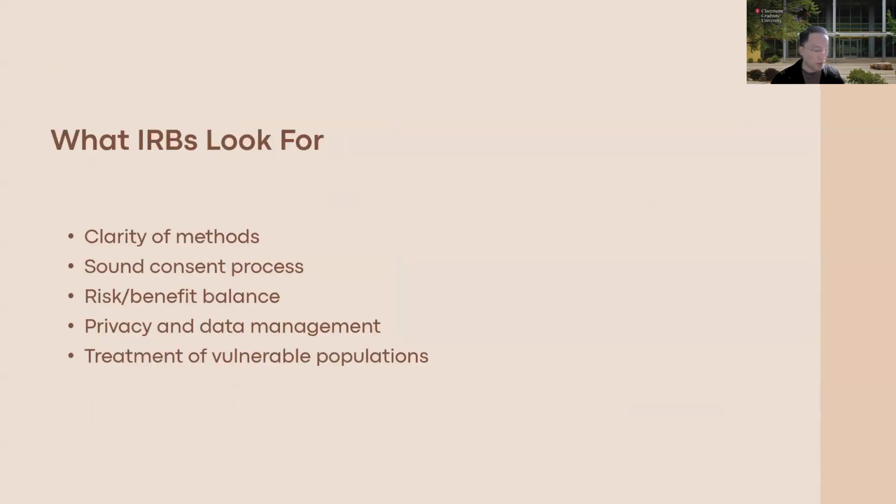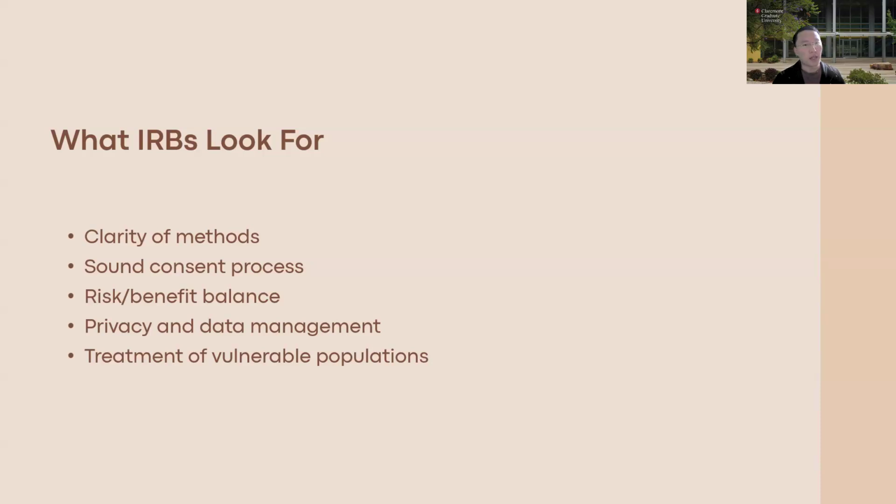So next, I also want to talk a little bit more about what IRB might look for when they receive an application. This is for your own benefit. You can think of this as a checklist before you submit your application, or when you're reviewing it, to see if you have each of these elements fulfilled. The first element is clarity of methods.